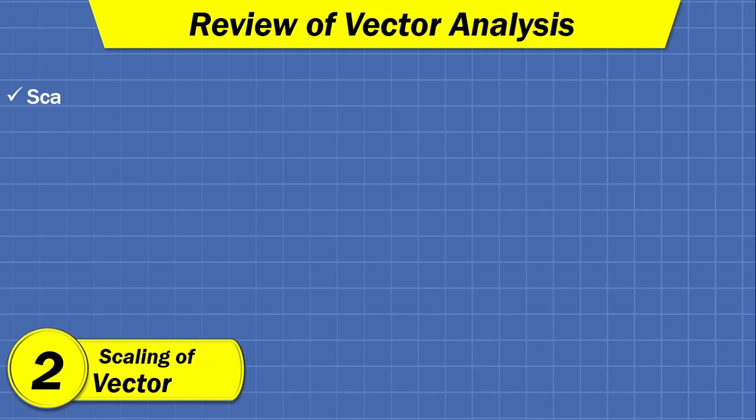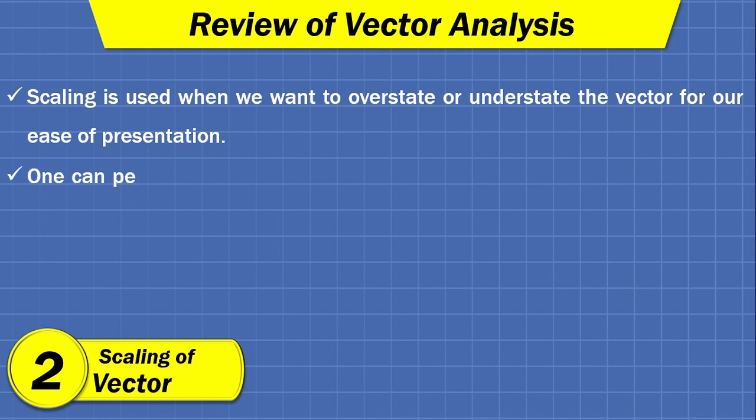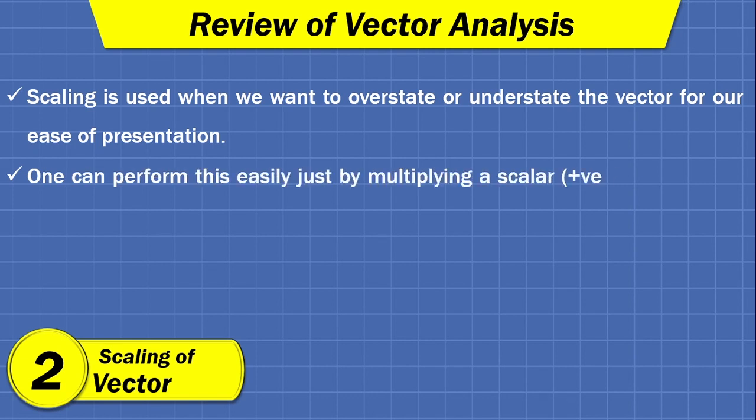The scaling. So the scaling is used when we want to overstate or understate the vector for our ease of presentation. Many a times the plane is quite small or too big to represent a vector. So in that case, if we want to zoom in or zoom out to whatever drawing we are dealing with, at that time we are using the scaling of vectors. One can perform this easily just by multiplying a scalar.